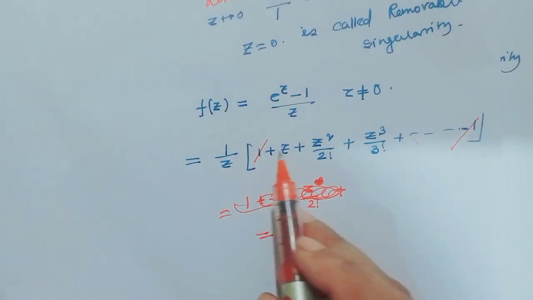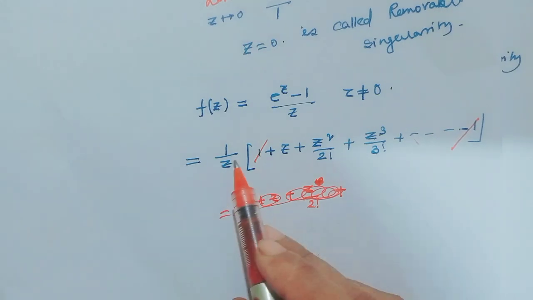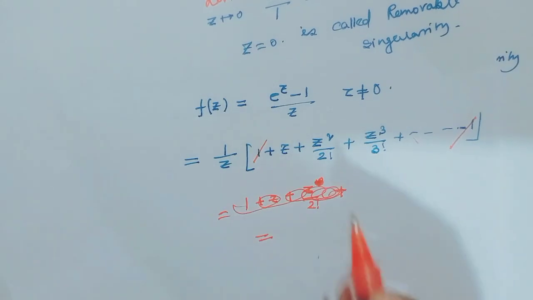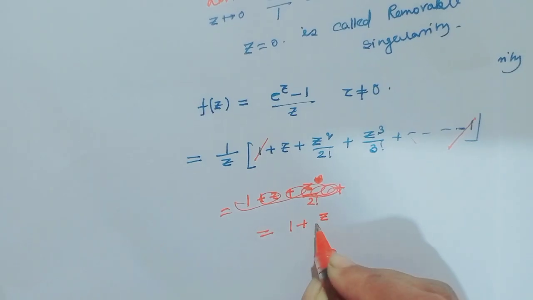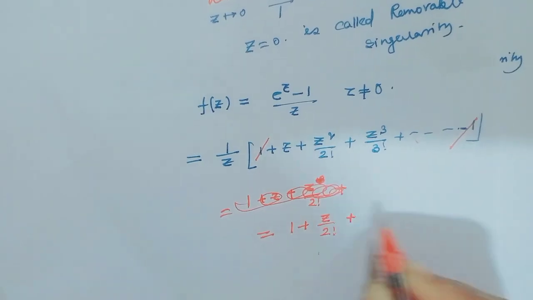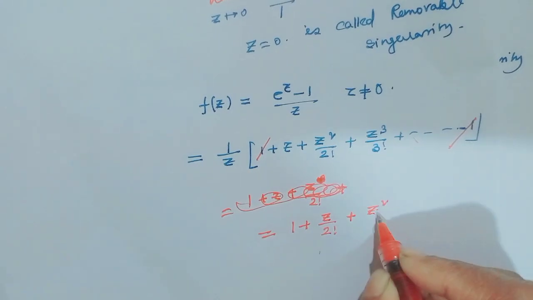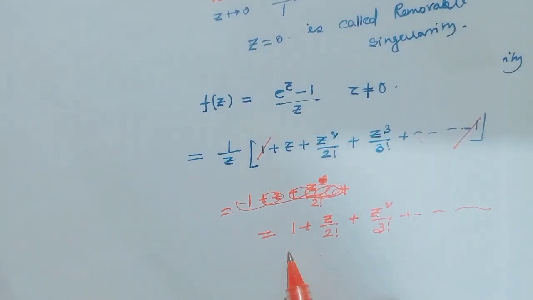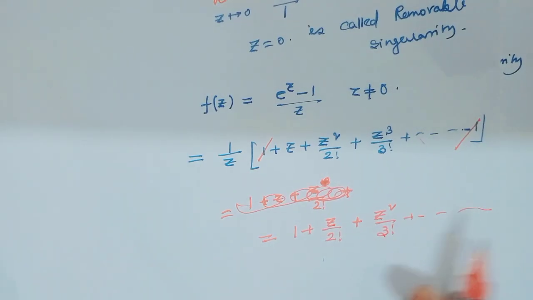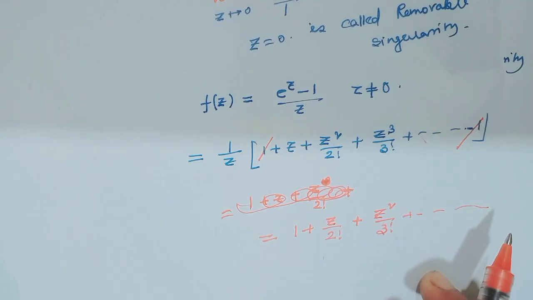If you divide this part by z, then this value would be 1 plus z over 2 factorial plus z square over 3 factorial and so on, and there exists no principal part.